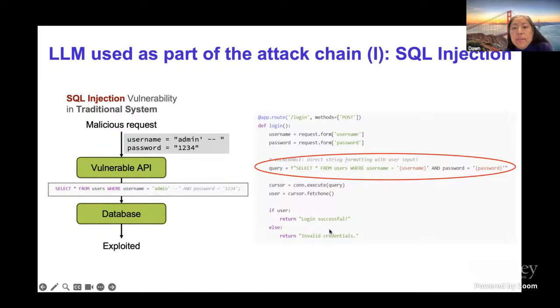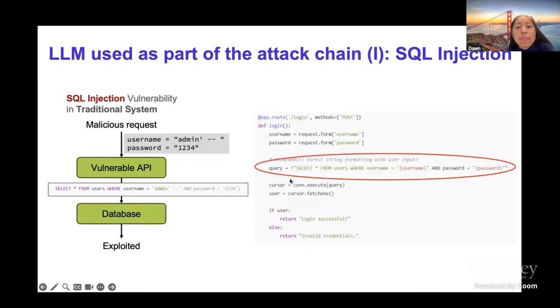Here is sample code where the user provides certain inputs, in this case username and password, and then the code uses the user-provided input to assemble a SQL query: select from users where username is the provided username and password is the provided password, to enable the query to be executed.